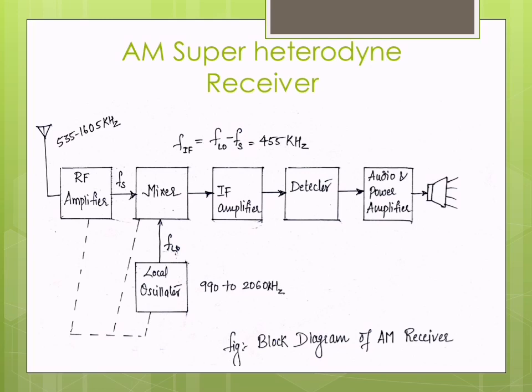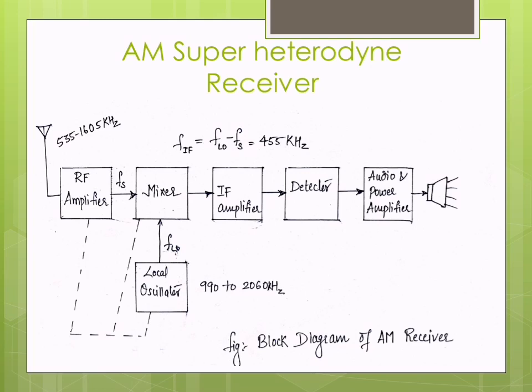So we can see the difference between the TRF receiver and the super heterodyne receiver. In TRF we have only the RF amplifier stage, then detector, then audio and power amplifier, then loudspeaker. Here we have some more blocks: the mixer, local oscillator and IF amplifier.